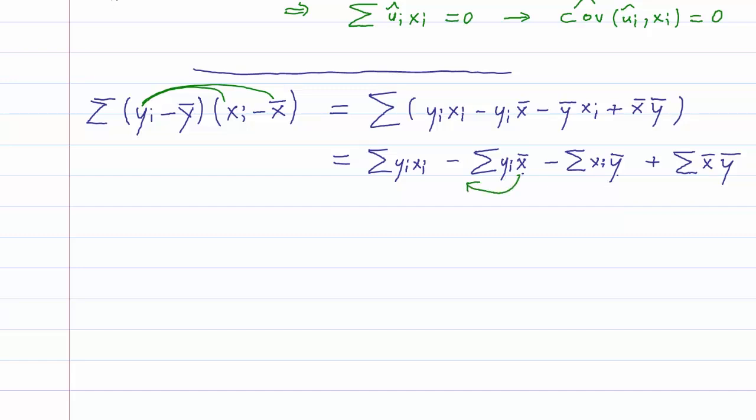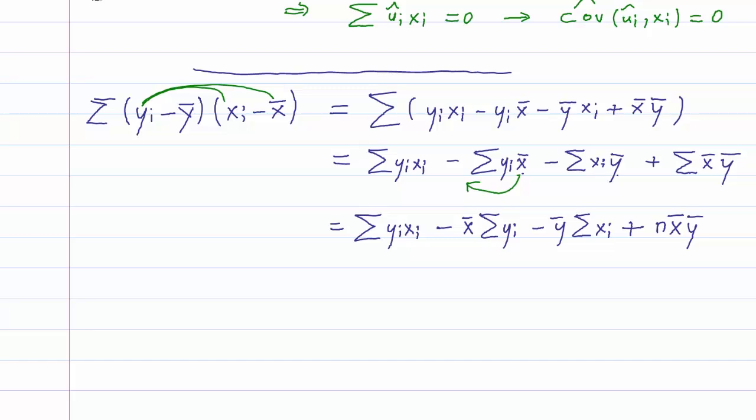They don't change with each term of the sum. So we can rewrite that as sum of yi xi minus x bar sum of yi minus y bar sum of xi, and plus n times x bar y bar.